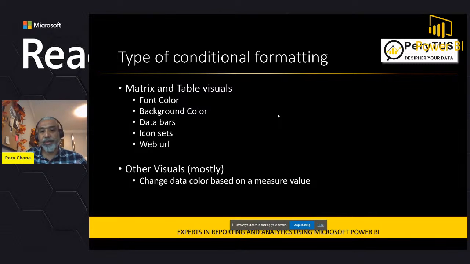Or let's say you're showing data for the last 60 days and you want to highlight today's date in green compared to the rest of the bars in the visual, so that you know what today is. All this can be done with conditional formatting and using measures behind the scenes.